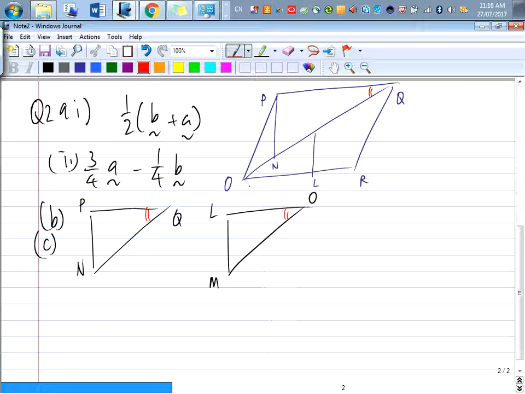Where's M? M is over here. Go back to your diagram. These are the two angles we are trying to show are the same. And yes, it is clear because they are alternate angles. PQ as well as OR are parallel lines. That's where you get our parallelogram. So these two angles, they are the same already.